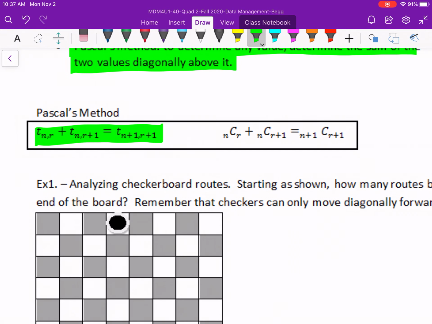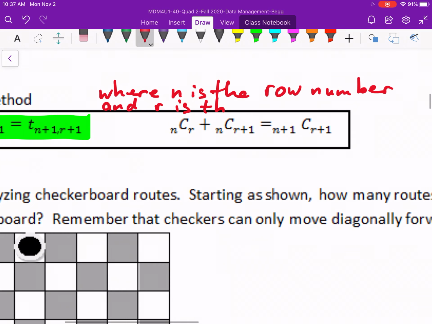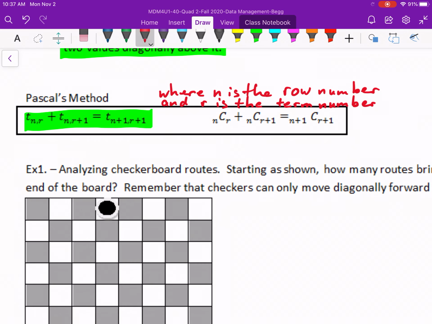So I need to include that, where n is the row number and r is the term number. Sorry for the sloppy writing. I'd fix it, but then I'd have to spend more time, and you get the idea.